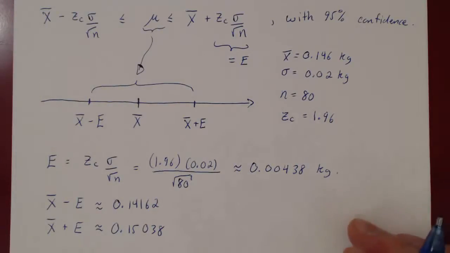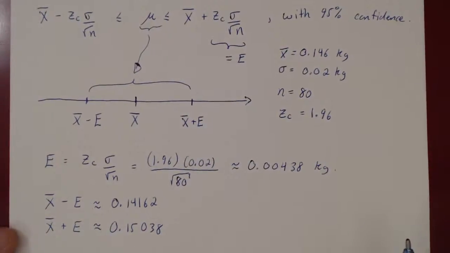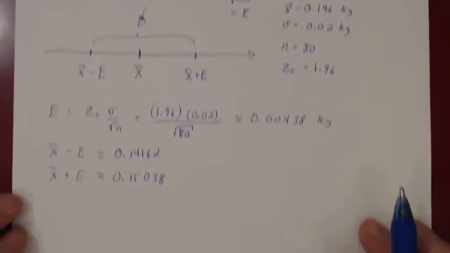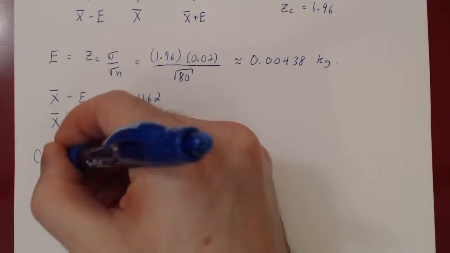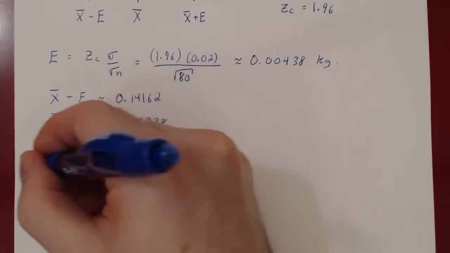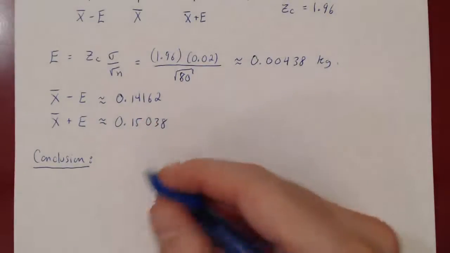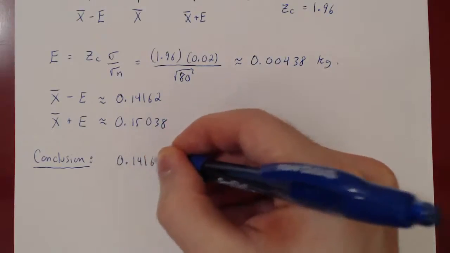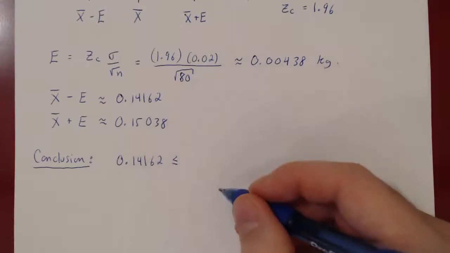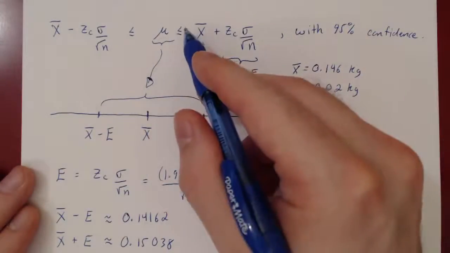And now we have our 95% confidence interval for the true population mean. So let us write our conclusion. The left endpoint, 0.14162, is at most the mean, which is at most the right endpoint of our confidence interval.